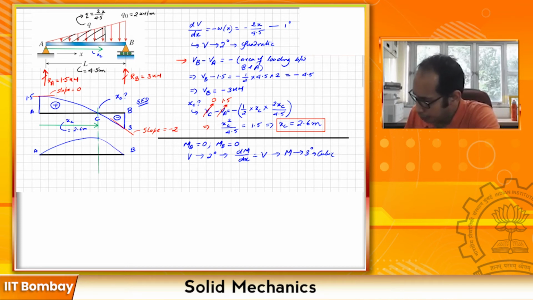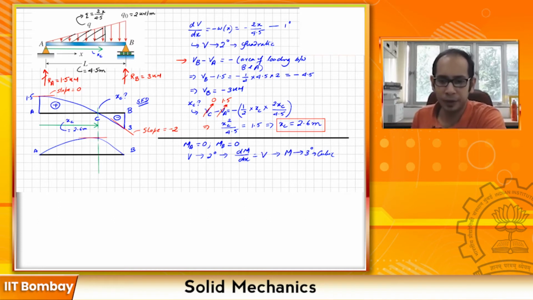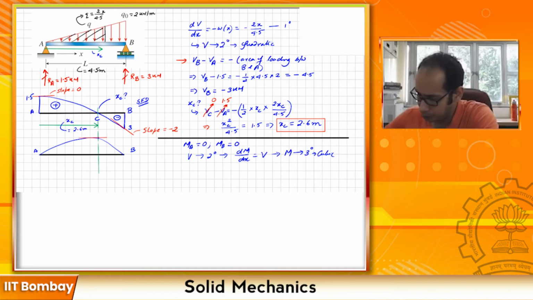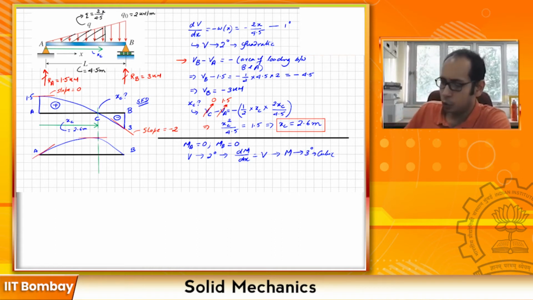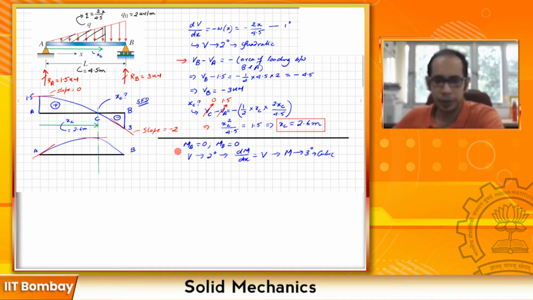So you will have a 0 slope here, at this particular point. And can you guess what the slope is going to be at this particular point at A? You remember this relationship: the slope at A will be the value of the shear at A, which is equal to 1.5.